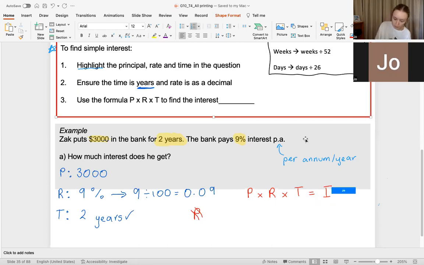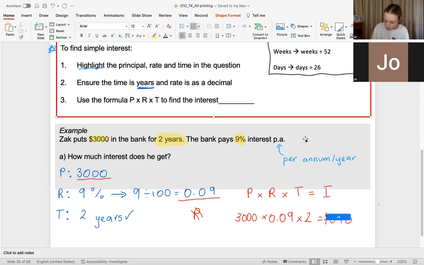My principal, that was my $3,000, times my rate. I'm going to put down the decimal value of my rate, 0.09, times my time. That was already in years, is 2. And then I just punch all of that into my calculator. I've got 3,000 times 0.09 times 2, and I get 540.